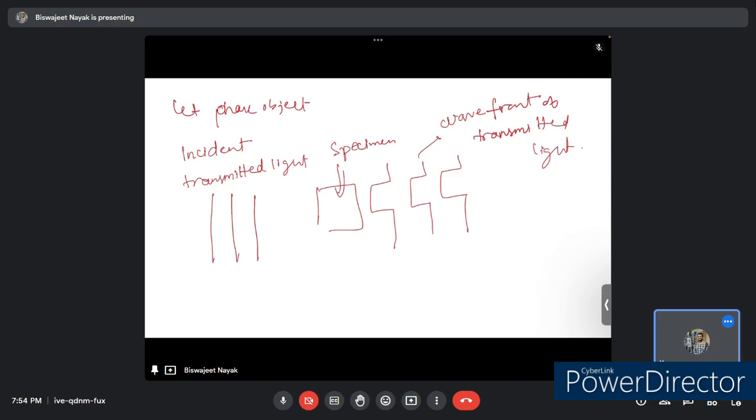Now next, to understand bright field illumination, we need to know certain terminologies in optics. Those are: what are S waves, what are D waves, what are P waves.